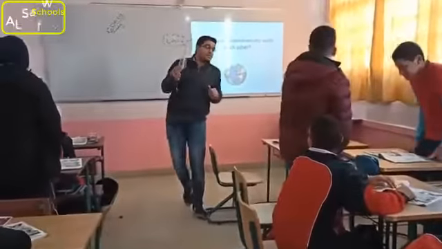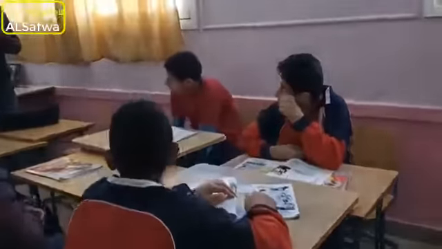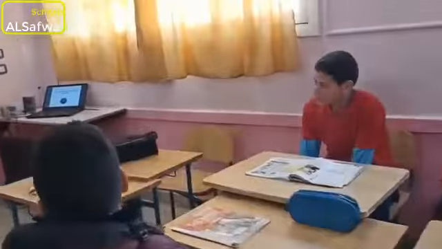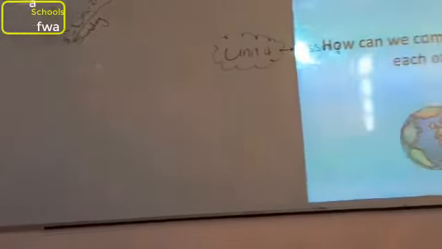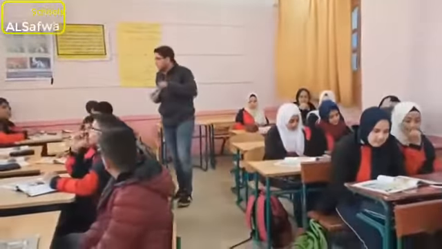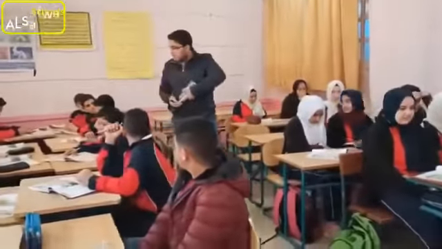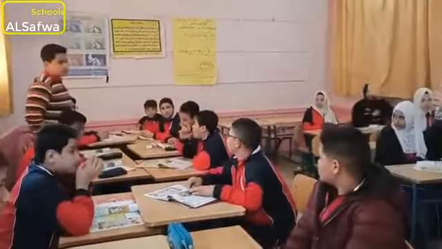Sit down. The next question will be how and why people use this kind of things to communicate with each other. Why do people or why did people use this kind of bottles or messages to communicate with each other? In your opinion, try to guess.